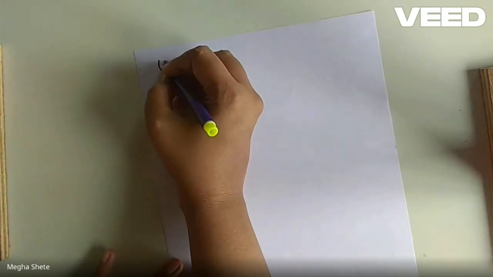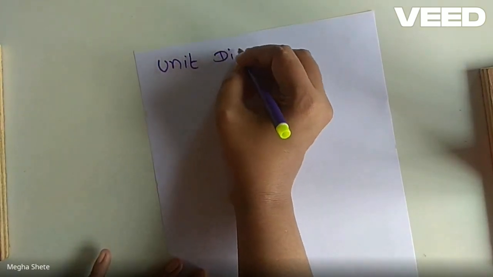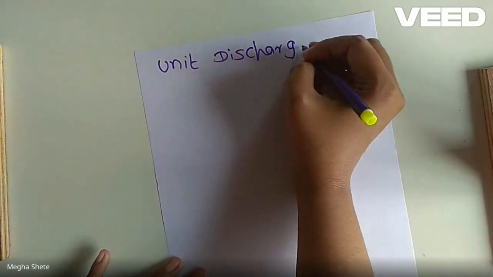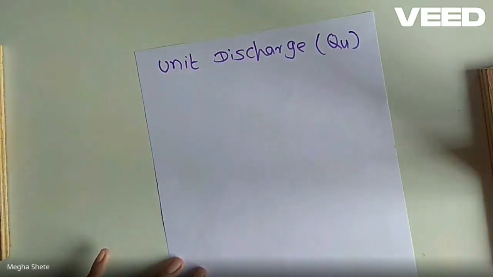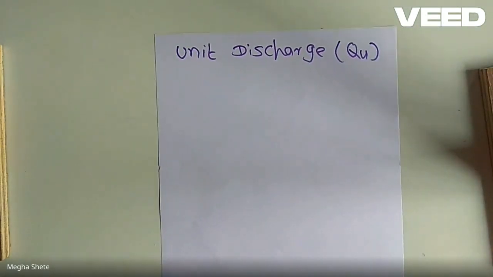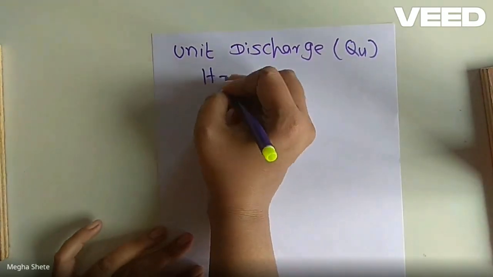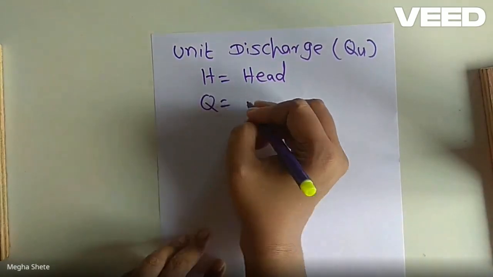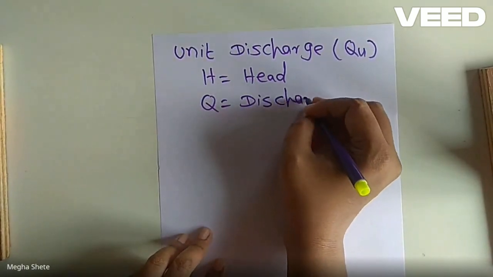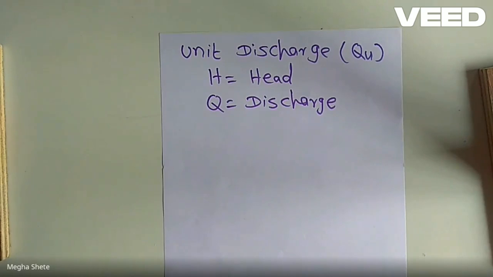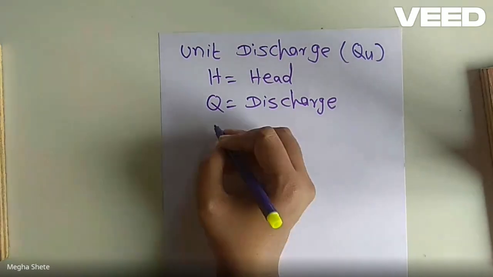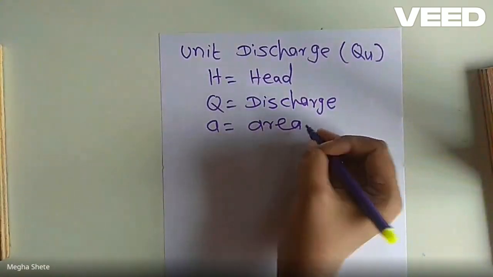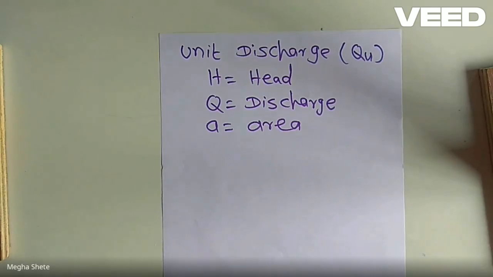Now the second derivation is unit discharge, that is QU. Capital H is equal to the head of water on the turbine. Capital Q is equal to the discharge passing through the turbine when the head is capital H on the turbine. Small a is equal to the area of flow of water.